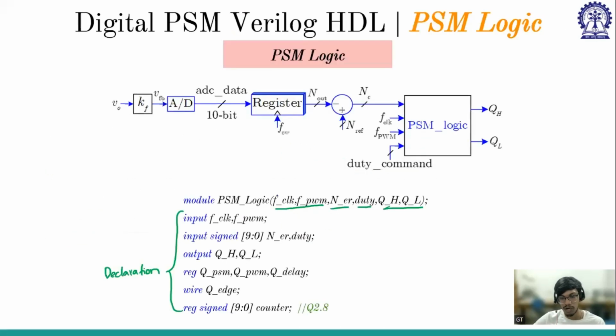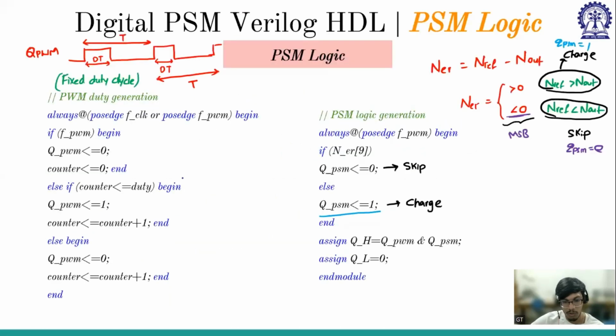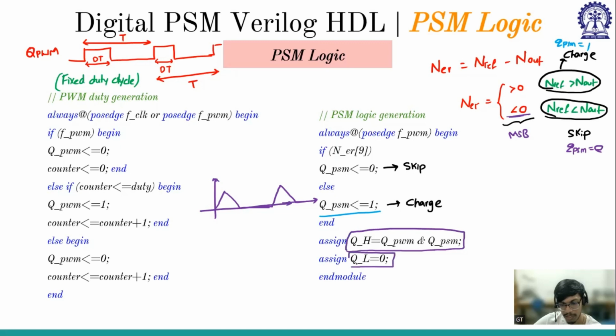But in the case of DCM operation, QL is always 0 because we are giving QH and then we are turning off. Then it will come back to 0 and remain there. So the diode will conduct, and there is no question of dead time. So we are giving QH as QPWM and QPSM. Whenever QH is on, the current will increase, and then when QH is off, QL is always off, so it becomes 0 and stays there because only the diode is conducting.